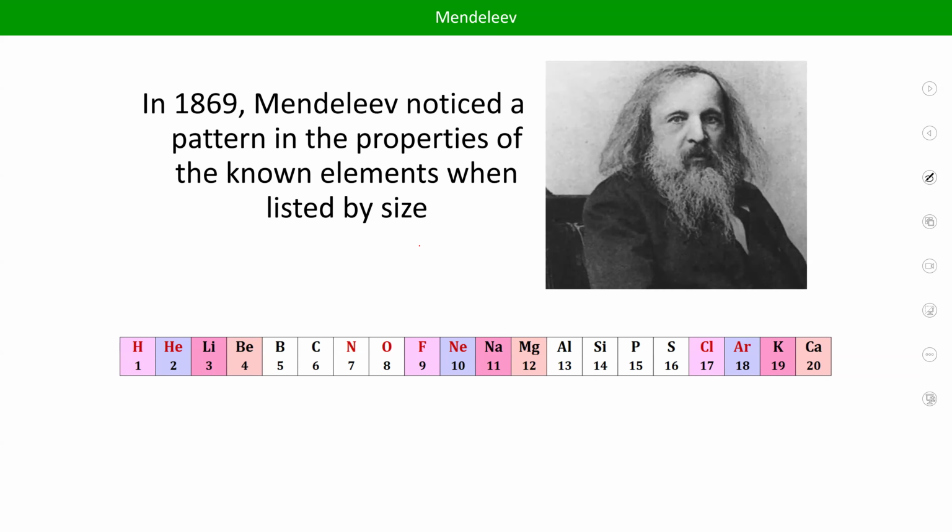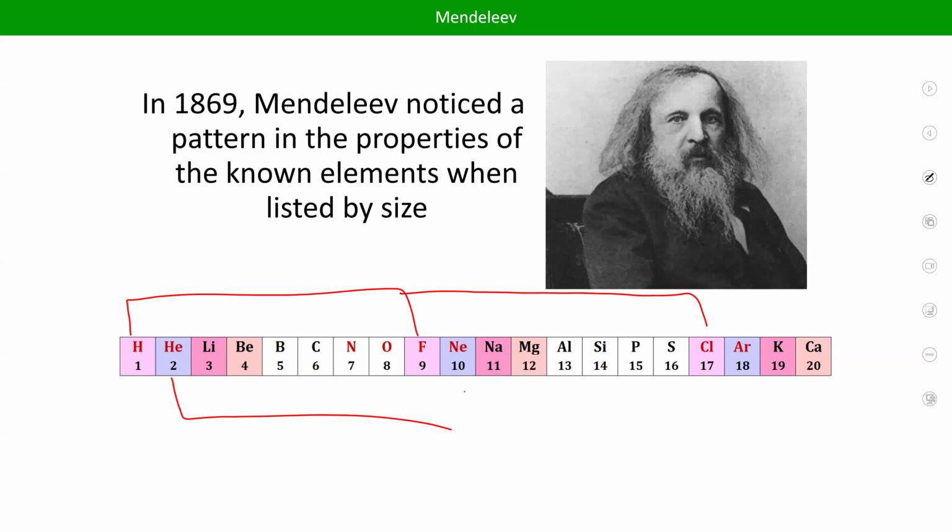So he probably was not the first person to list these elements by size, but he was the first person that when he listed them by size, he noticed that every 8 elements, you had some repetitive properties start to show up. Hydrogen is different than fluorine, but it reacts in a similar way to fluorine. Fluorine reacts in a similar way to chlorine.